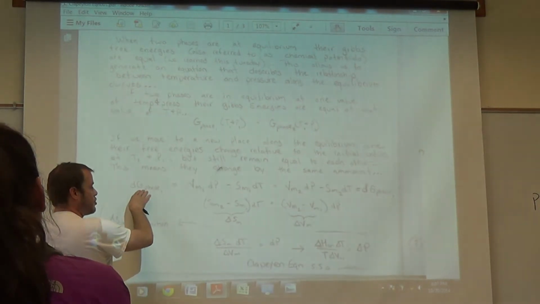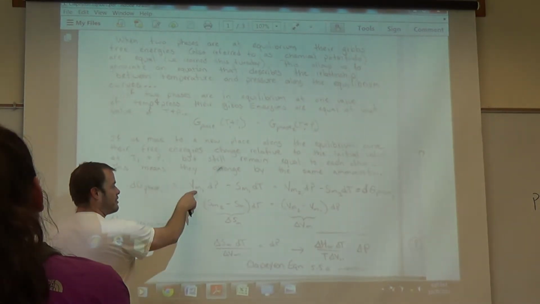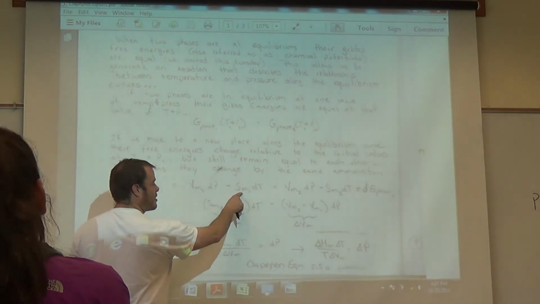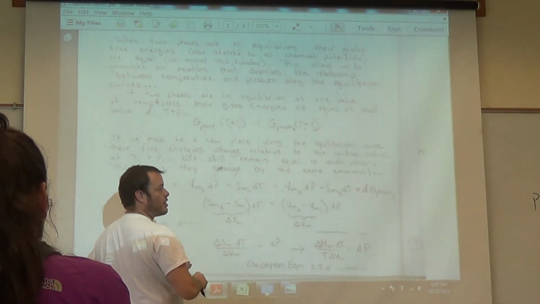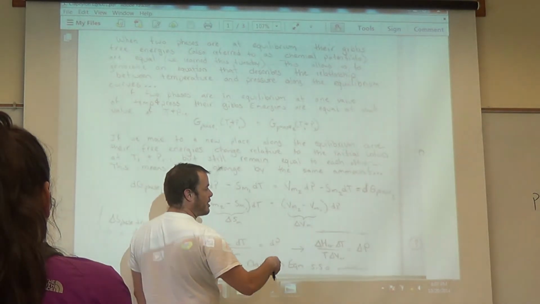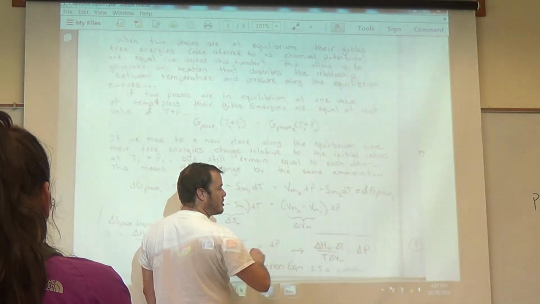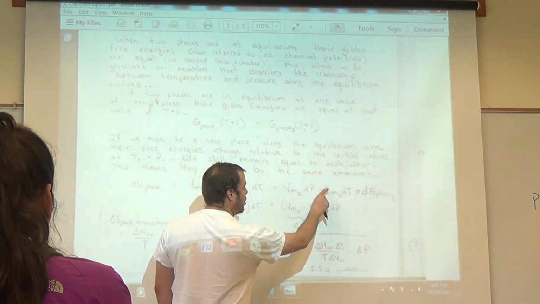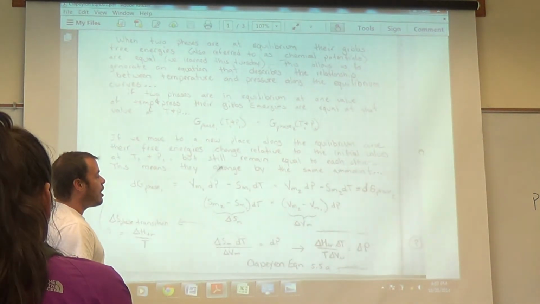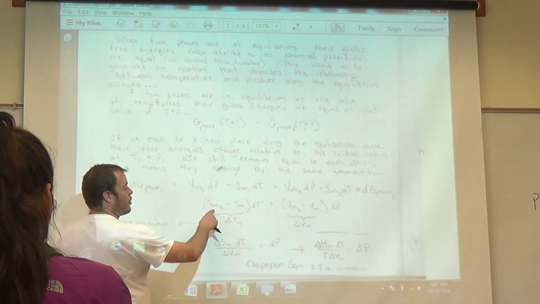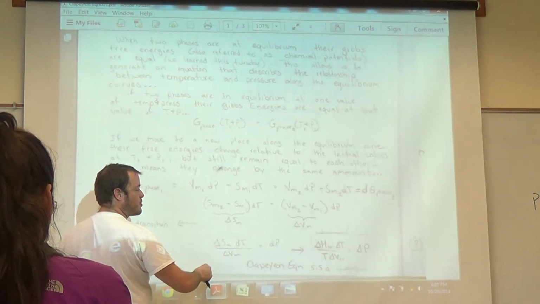So the change in the Gibbs free energy of phase 1 is Vm1 dP minus Sm1 dT, and similarly the change for the second phase is Vm2 dP minus Sm2 dT.